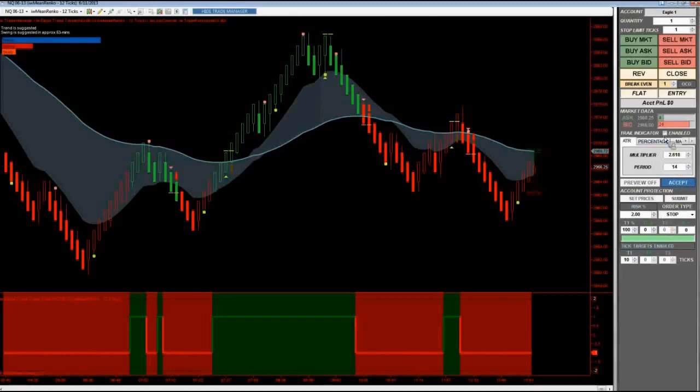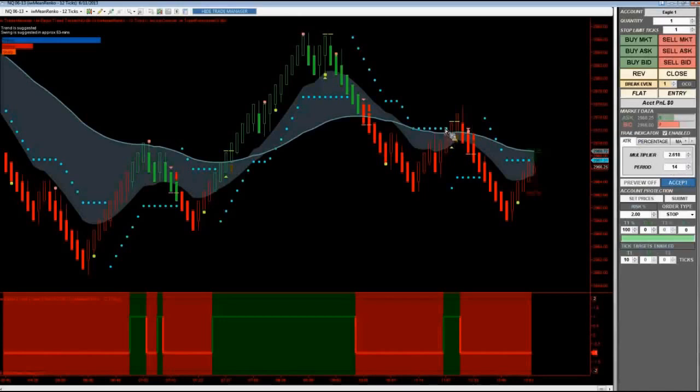But like I said, you can do these things manually as well. Let's say, I'm going to just turn this on here. These blue dots that you see here, at the moment, are my average true range. So average true range multiplier of 2.618, fancy little Fibonacci number in there, for a period of 14. I can adjust this however I want to be more or less aggressive.